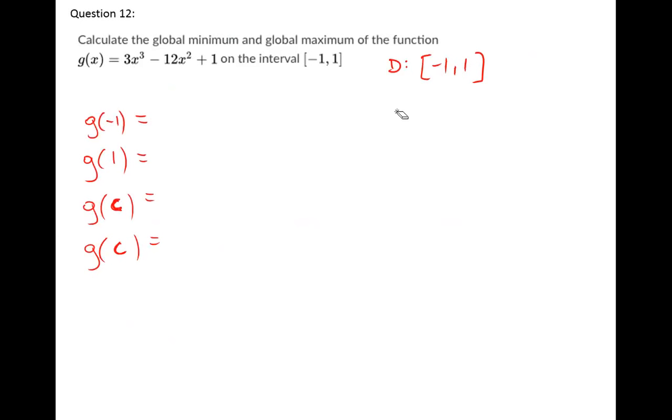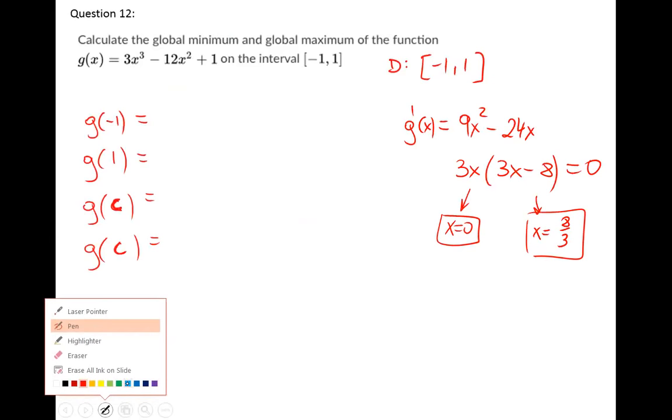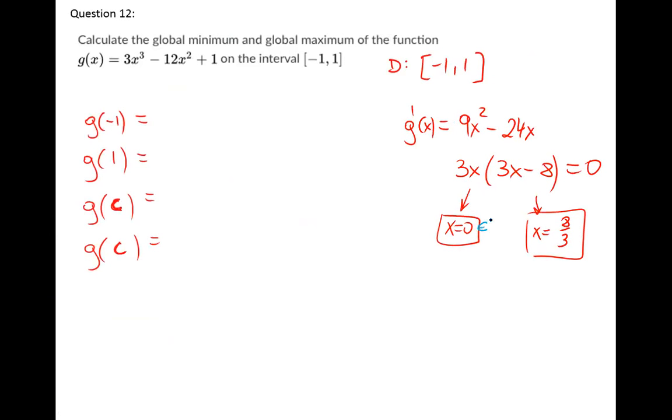Okay, first of all, let's find the critical points. I need the derivative. 3x cubed gives 9x squared minus 24x, that's it. I can factor out 3x times (3x minus 8) equals 0. X is 0, or x is 8 over 3. But what is also important, we have to check that 0 is in the domain, fine.